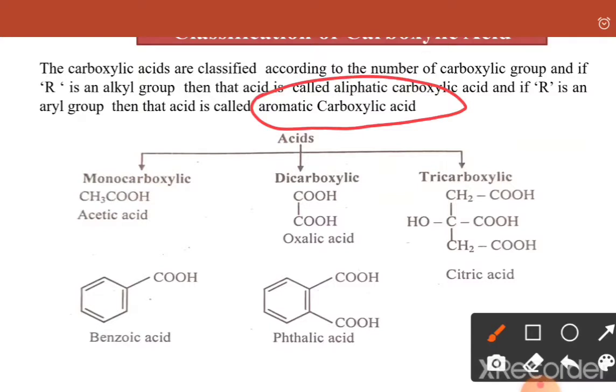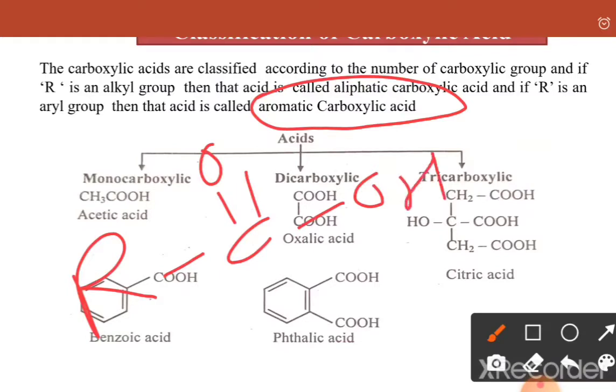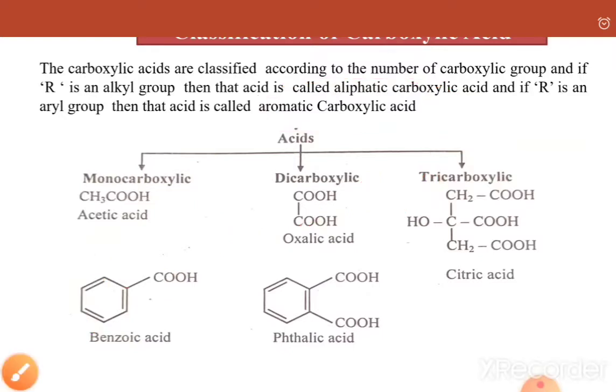That means this is a bifurcation of the carboxylic acid R C double bond OH. In the first case, if R is an alkyl group, it is called the aliphatic carboxylic acid. And if R is an aryl group, such an acid is called the aromatic carboxylic acid.